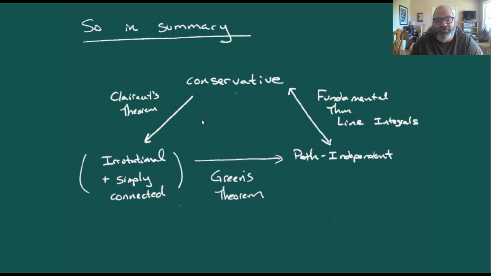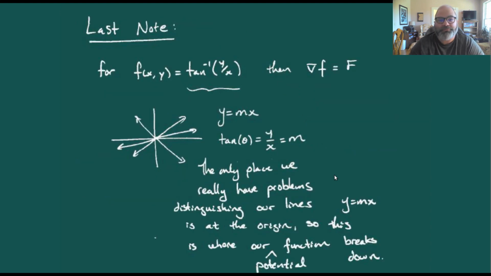And so we have the loop for how all three of these concepts fit together. Now we've got a total picture of conservative, path independent, and irrotational vector fields all together in one package. Awesome.